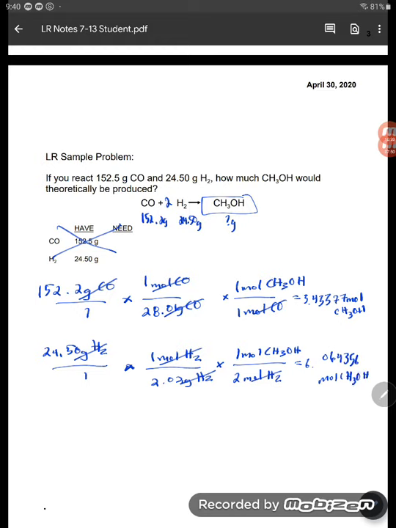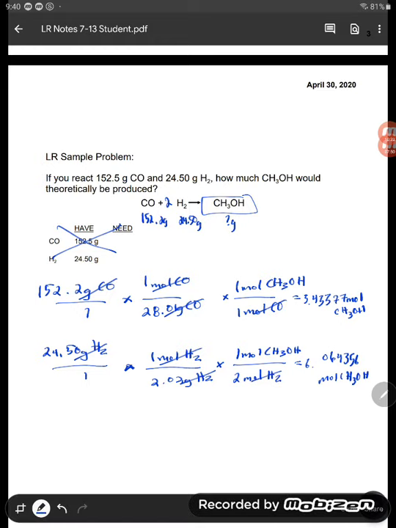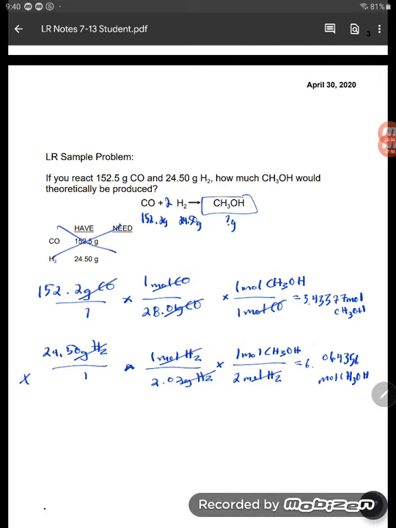So now if we compare these two values, you'll notice that with 152.2 grams of CO, you can make 5.43377 moles, but with 24.50 grams of H2, you would theoretically be able to produce 6.064356 moles. The amount that you can produce with the H2 is more, so this is labeled as the excess, and this is labeled as the limiting.